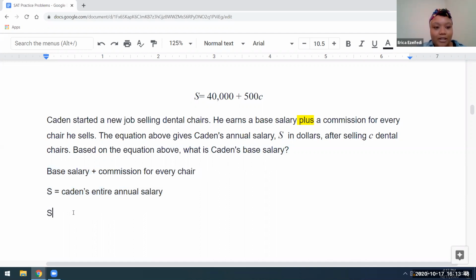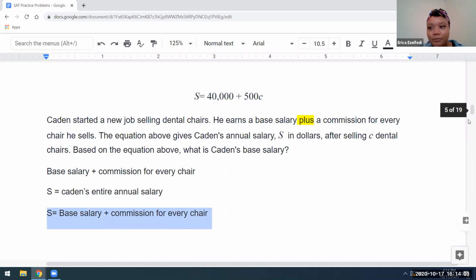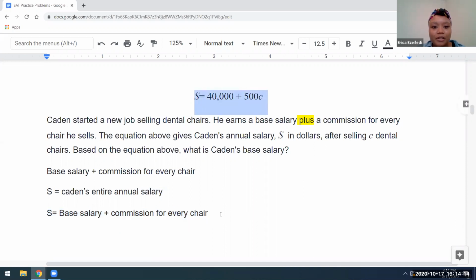So we can say that if S is his entire salary, we know his entire salary is the base salary plus commission for every chair he sells. So right here we have a format. We have an equation using words. But we can match that to this equation here, and we can start to figure out what each thing is saying.